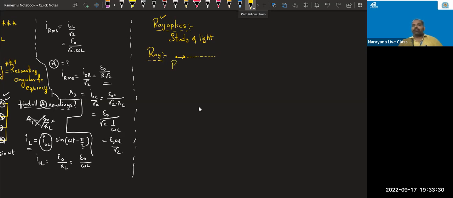How will you define ray? Path of light is called ray. The ray is represented by one arrow like this. Left side, source of light is there. Right side, screen or image is there. Understood? Source of light is also called object.